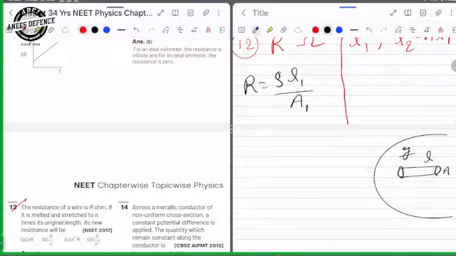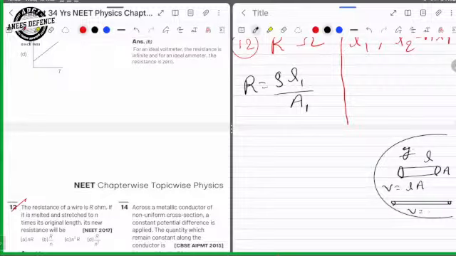L into A. Someone stretched this wire twice. So what about volume?